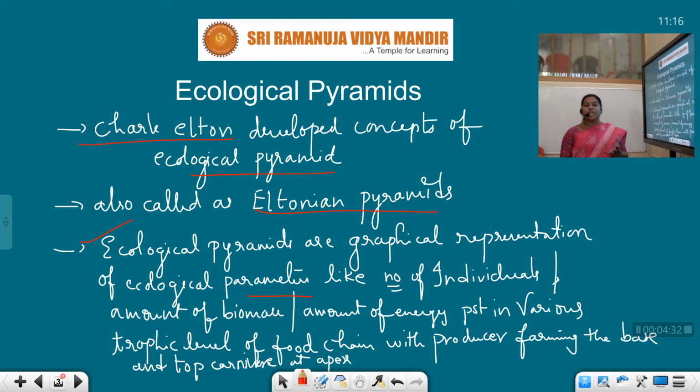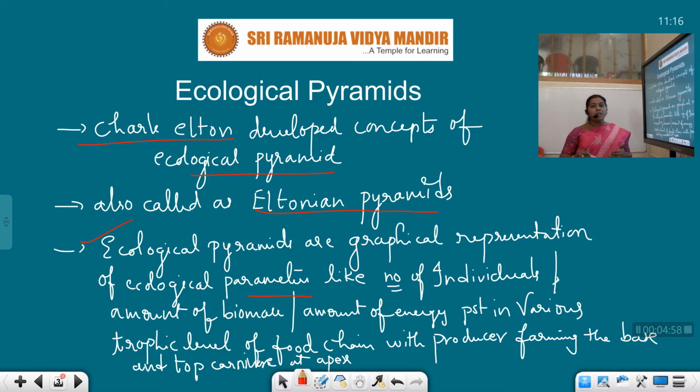See, students, in what form did we represent the food chain? Pyramid. It starts from primary producers and ends with the carnivores: primary producers, primary consumers, secondary consumers and tertiary consumers.